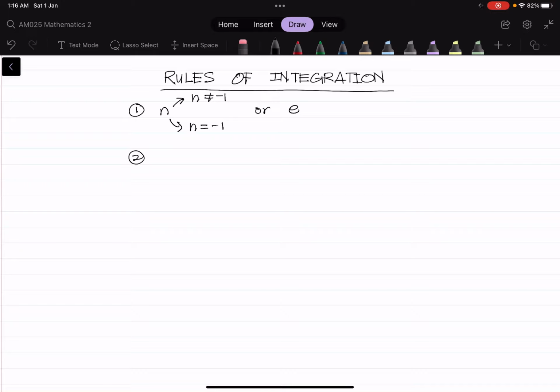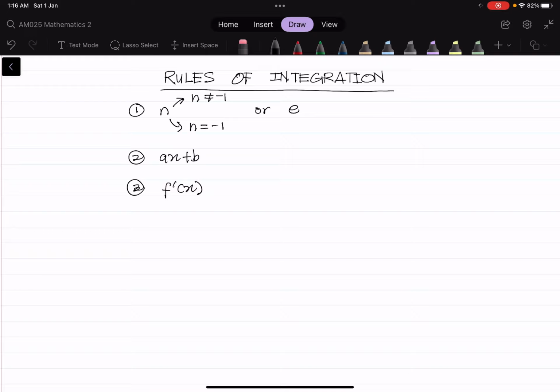The second one, does our function involve a linear function? And the third one, if it's a non-linear function, is our function differentiable?